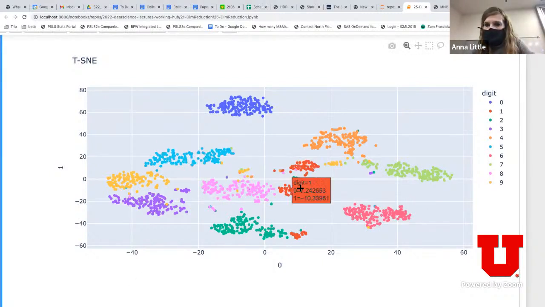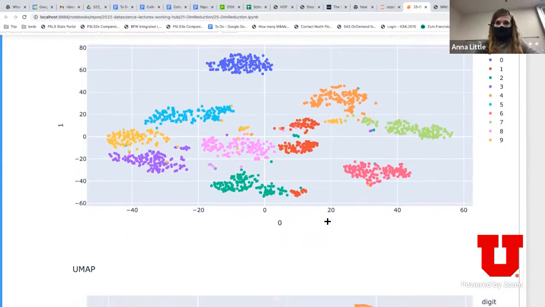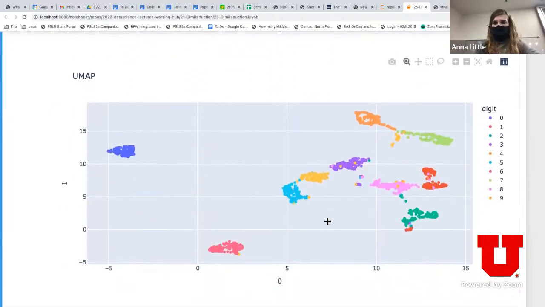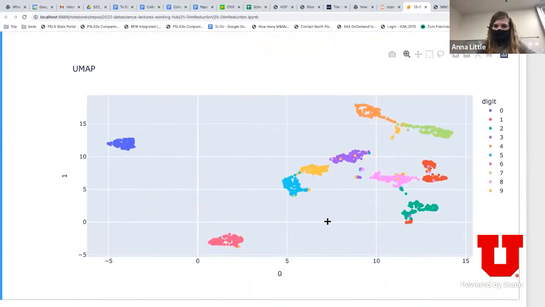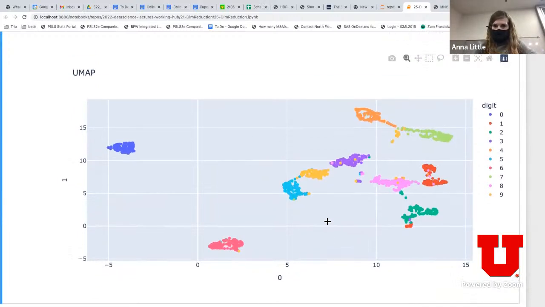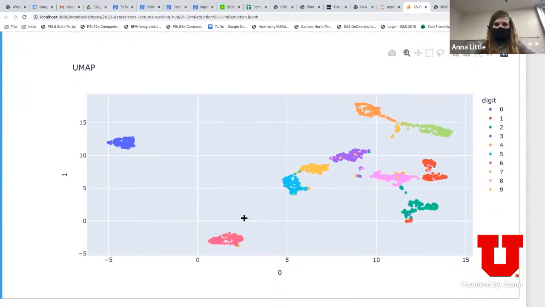The red ones, the ones, kind of got broken up into some subclusters. It looks like it did a little over-clustering here, but it's still so much better to look at than the PCA plot. And then here is the UMAP plot, where once again, you can see the cluster structure preserved really well, okay?